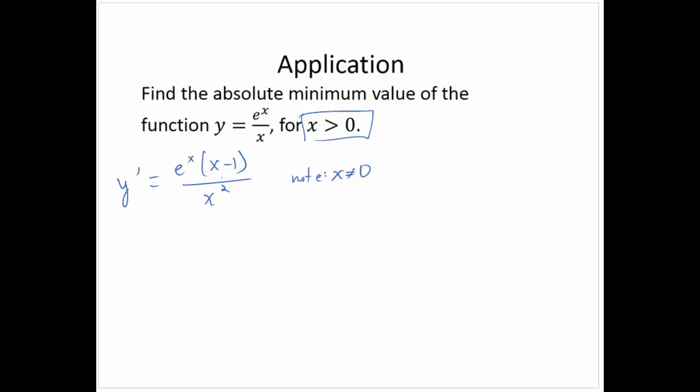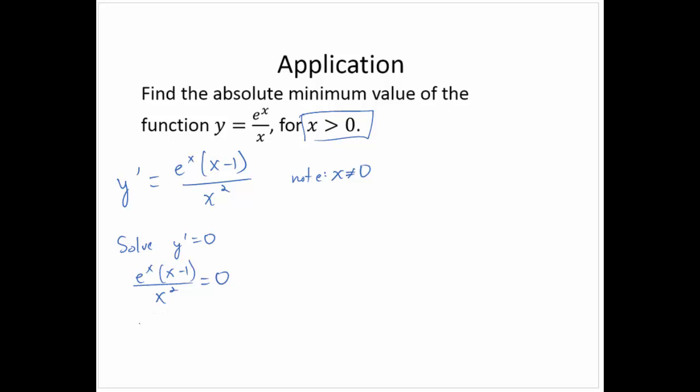So now, recall from Calculus 1, once we calculated the derivative, we wanted to find where it was equal to 0 to determine any minimum or maximum values. So we would now solve y prime equals 0. So where is e^x (x minus 1) over x squared equal to 0?